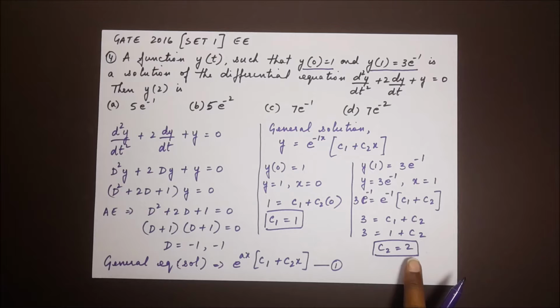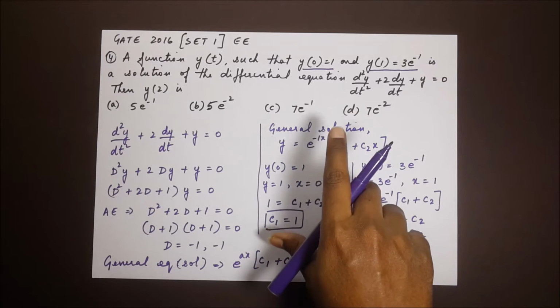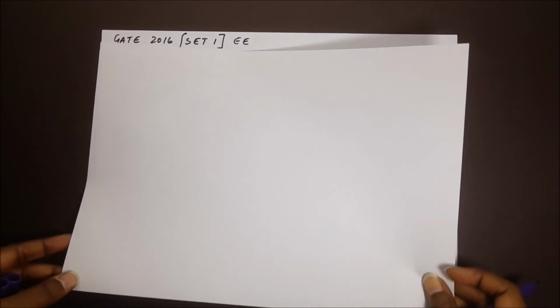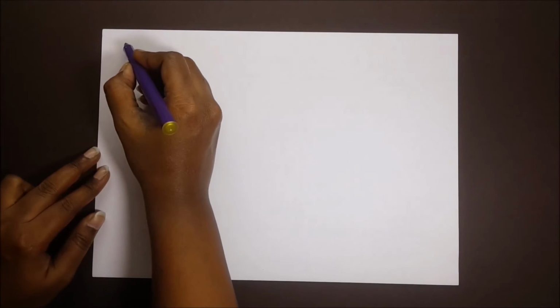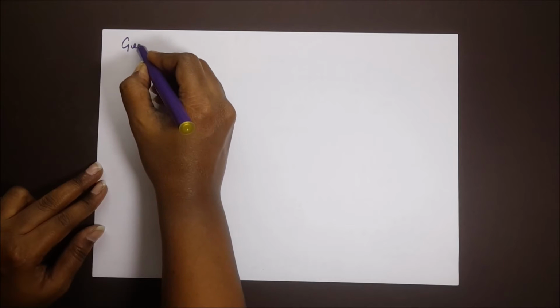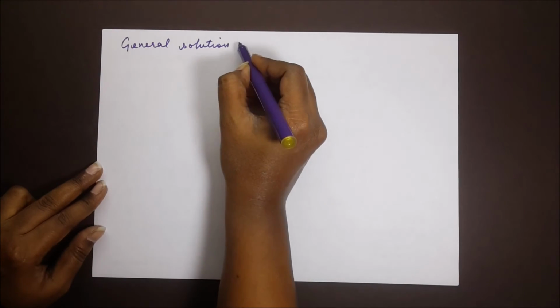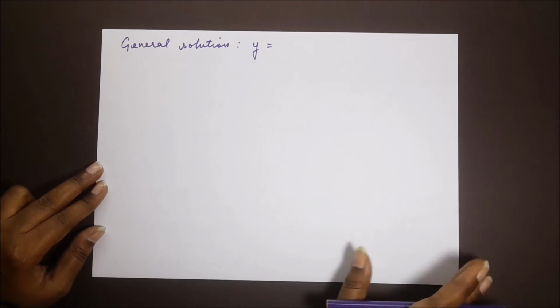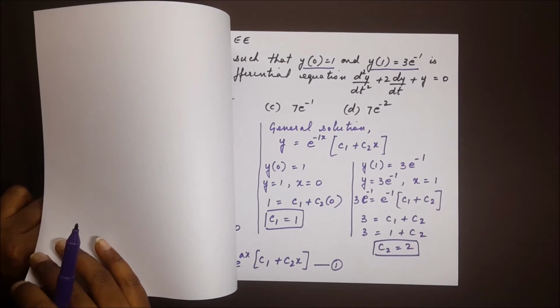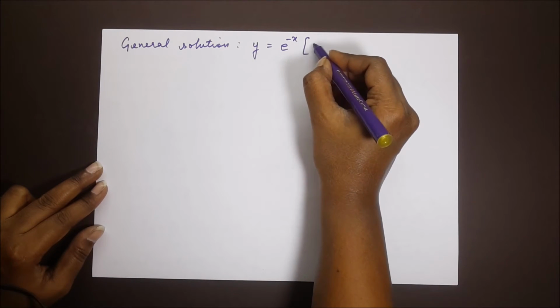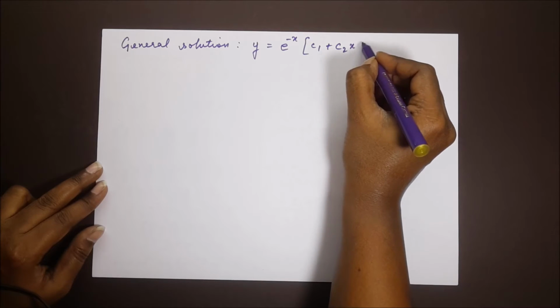Now when we substitute this into the general solution, it becomes the particular solution. Let me write that down again. The solution is y is equal to e power minus x times c1 plus c2x.